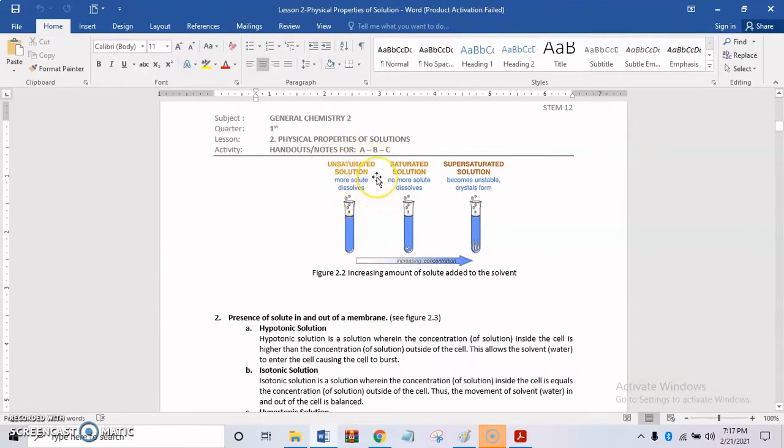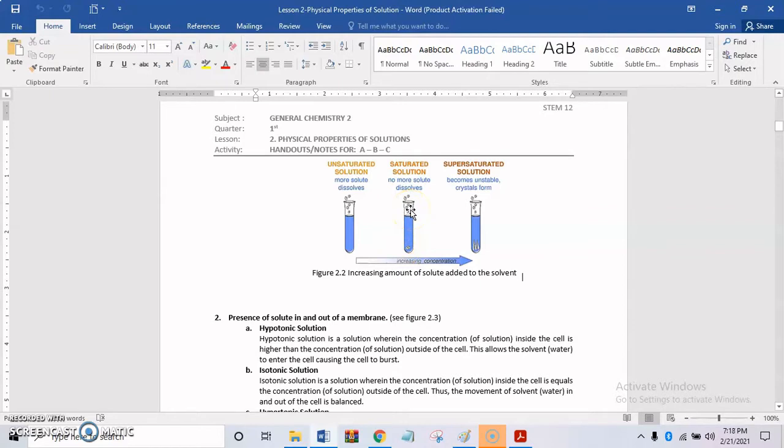Unsaturated solution means that the solute is less than the amount the solvent can dissolve. This means you can add more solute to the solvent to make it saturated. When we say saturated solution, it means the solution has reached equilibrium, meaning the amounts of solute and solvent are balanced.